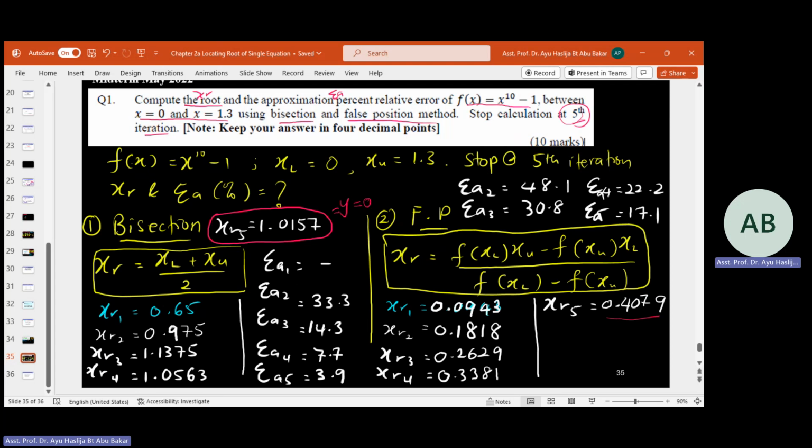Maybe you wrongly replaced the FXL, FXR, sorry, FXU, or wrongly replaced the XL and XU in the next iteration.